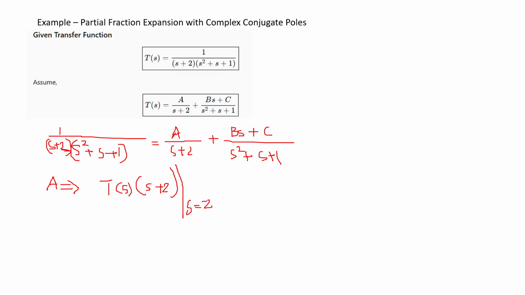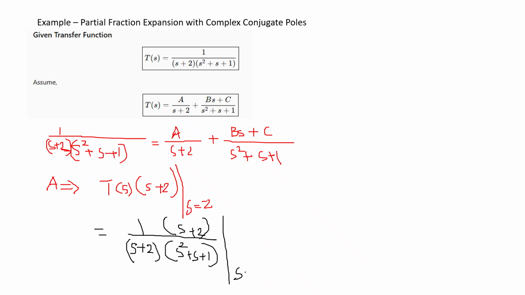Okay, and now when you substitute the values here, what will be the equation? Let us see. The transfer function is already given as 1 by s plus 2 into s square plus s plus 1, and it should be multiplied with s plus 2, and s should be equal to minus 2.